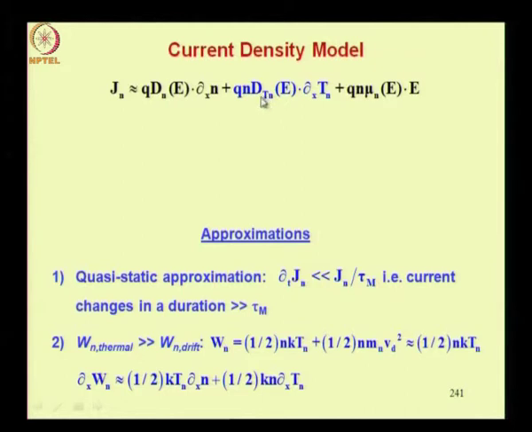This is called thermal diffusivity, in analogy to the diffusivity associated with the concentration gradient. So, q times carrier concentration times thermal diffusivity times the temperature gradient of the carrier temperature, plus q times the carrier concentration n times the mobility mu n times E. Now, the diffusivity Dn, thermal diffusivity D suffix Tn and mobility mu suffix n are all functions of electric field.